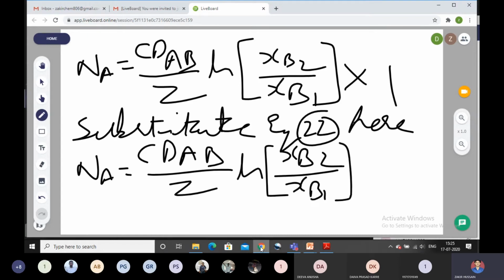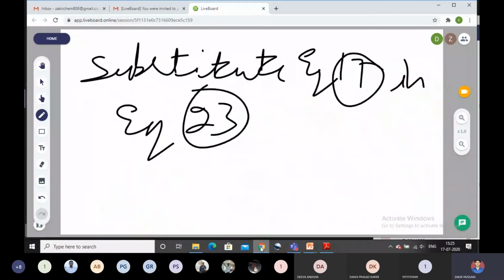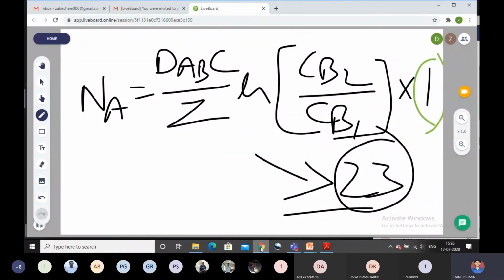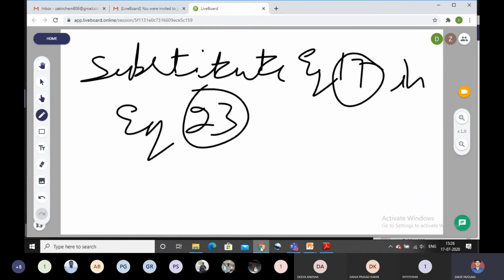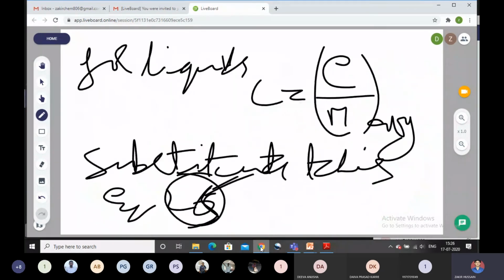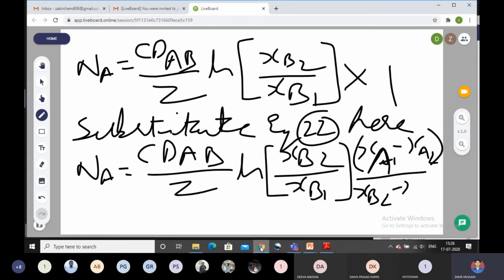In place of 1 we substitute equation 22, which is XA1 minus XA2 divided by XB2 minus XB1. Okay, this is the equation.